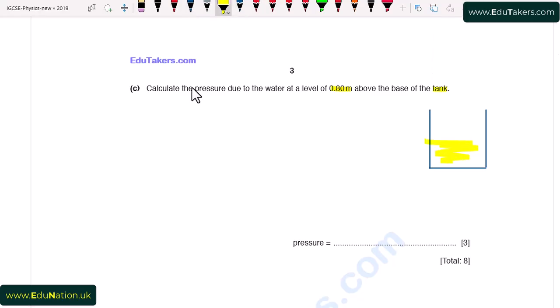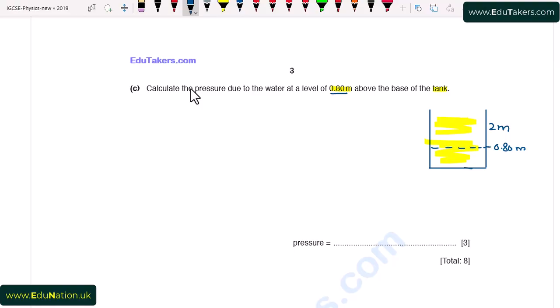The total height of this tank is 2 meter. Now, this level is 0.80 meter above the base of the tank. So this is the base of the tank and it is 0.80 meter. So we have to find the pressure due to the water at the level 0.80 meter above the base of the tank.